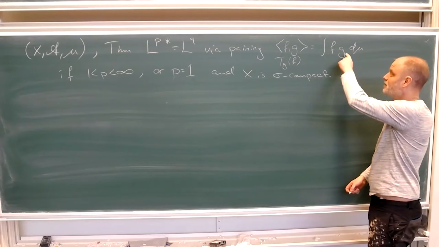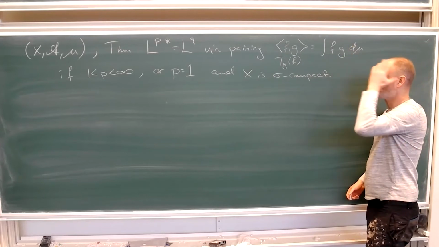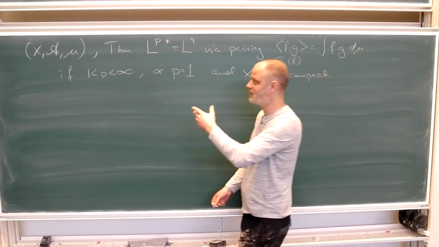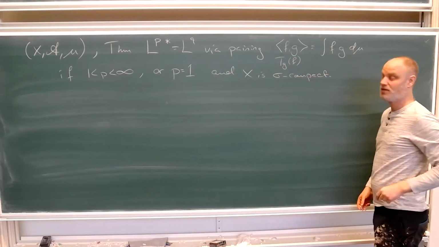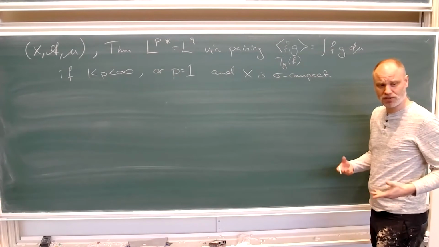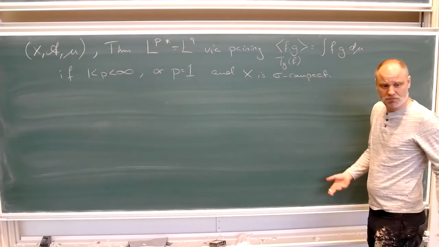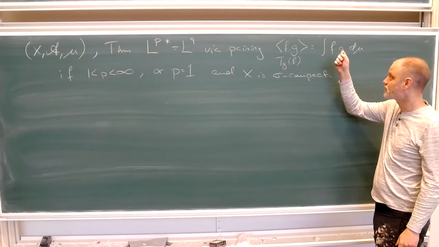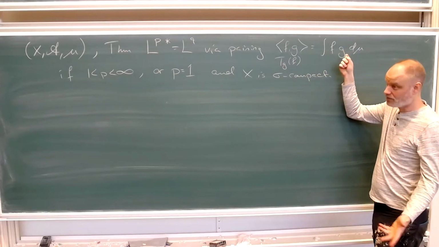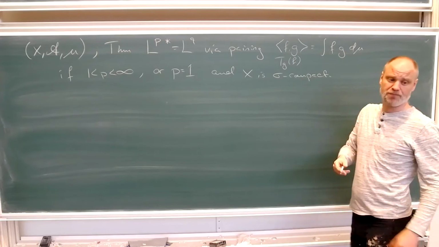Vice versa, if our space of interest is L infinity, so that's our p, now this is bounded. If I integrate against an L1 function, of course I get a bounded linear functional by Hölder's inequality. So this is in modulus less than the norm of f in L infinity times the norm of g in L1.